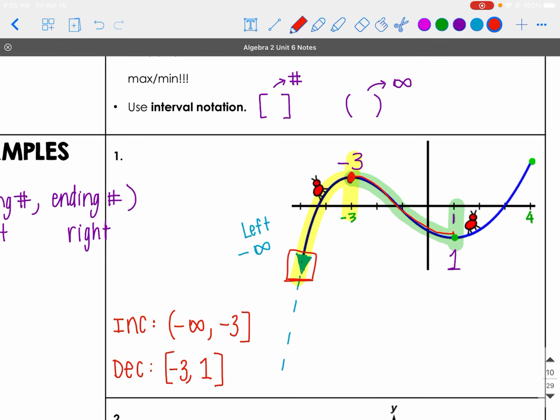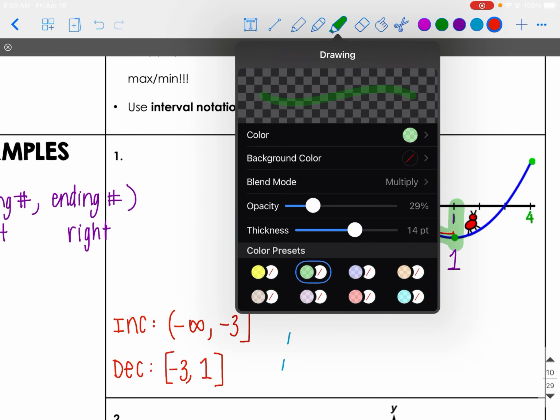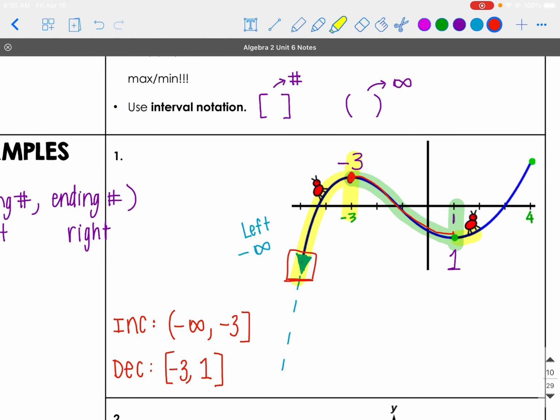And then what happens? Well, he starts going back uphill. So he increases again. And he stops right here. That's at 4. So we have another increasing interval. So he starts going uphill at 1 and he stops at 4.